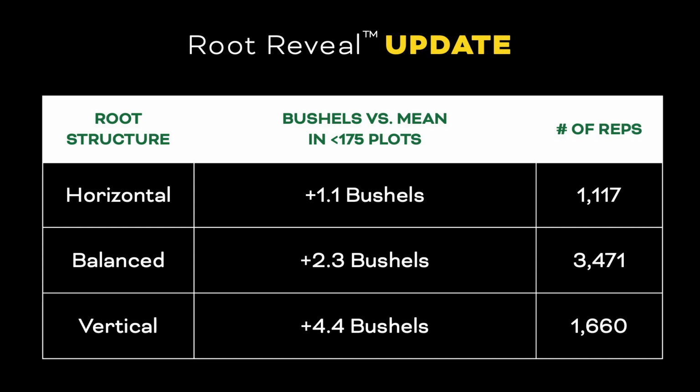Based on that, I asked Craig Moore, again, our core product lead, I said, Craig, go back and just do a meta-analysis. Craig has actually been digging and classifying our roots for about 8 years. And I said, Craig, go and do a meta-analysis of our plots. And so he went and looked at our 175 bushel or below plots. We would call those more of our stress environment plots.